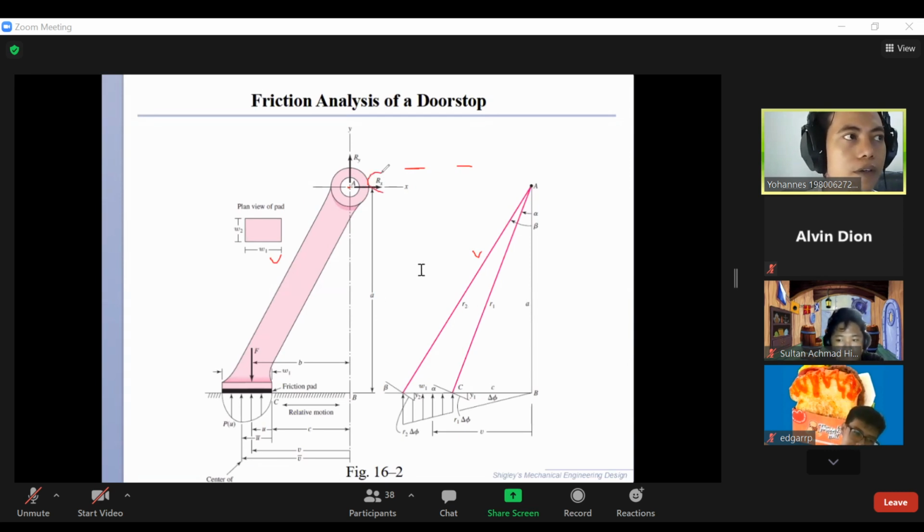So here we have the reaction force in X and Y direction. And this force will be transmitted to the ground through the friction part. And because this doorstop component receives this load, it will apply a similar load to the ground.